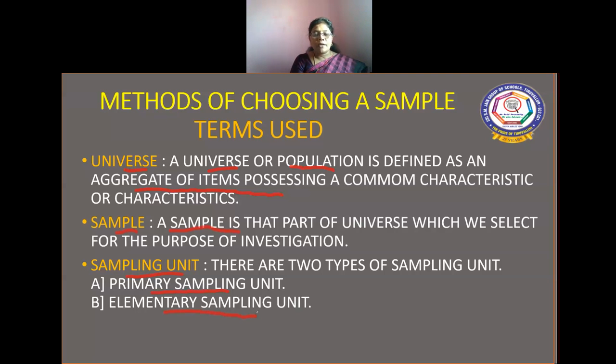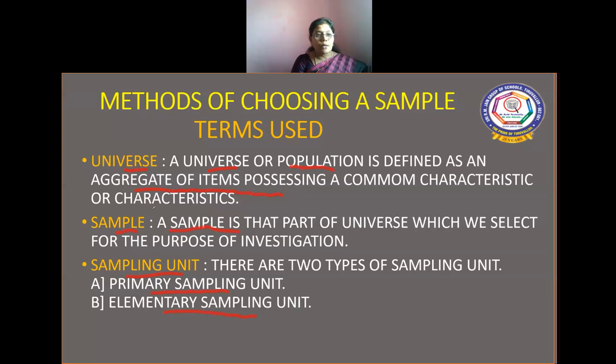So in our example of universe, we already discussed an example, isn't it? We selected 2000 students for our investigation purpose, right? So all the 2000 students come under universe.